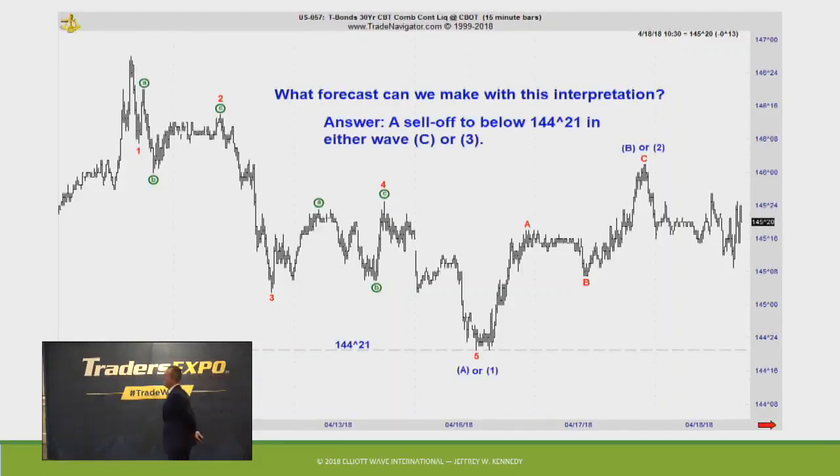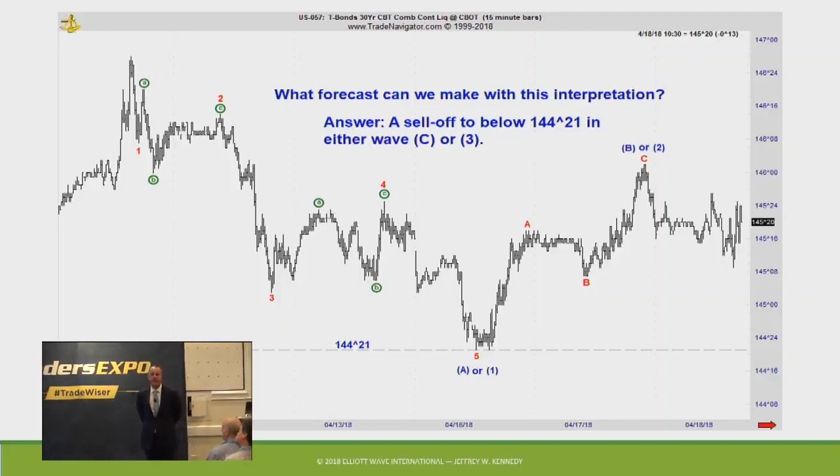We're either going to sell off in wave C, 5 waves, or we're going to sell off in wave 3. So that's really the only question I have. The direction of the market is quite clear. Okay? How the market unfolds, is it going to be a C wave or is it going to unfold in 5 waves? Now, if it's going to unfold as a C, here's some tips.